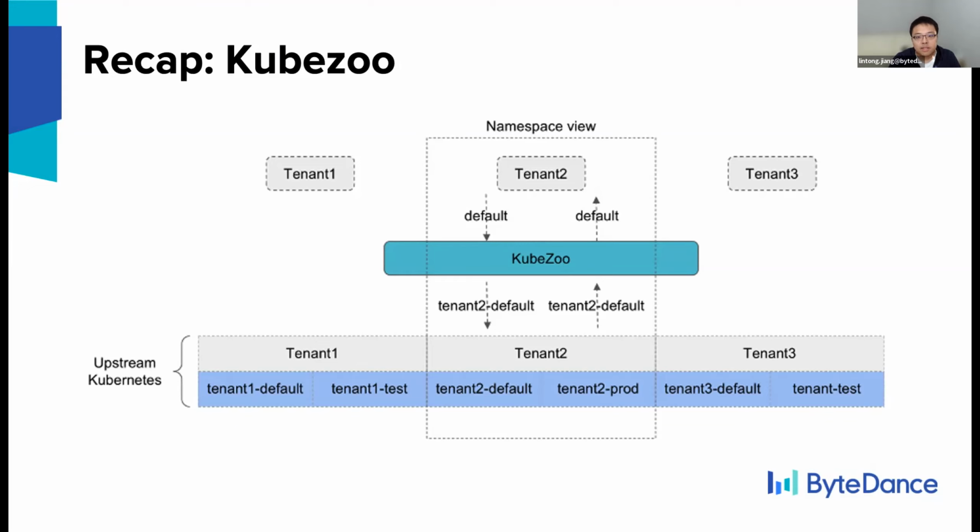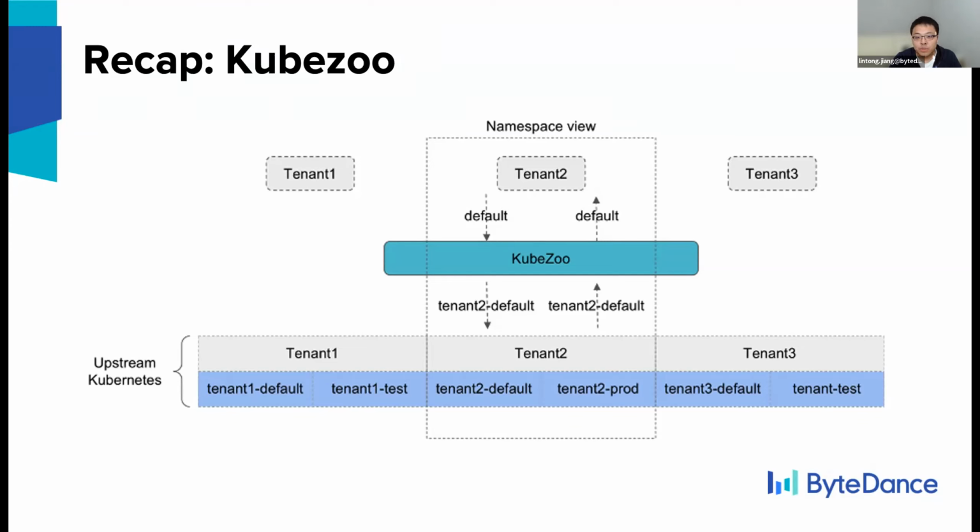Kubernetes API as a service, presented by Kubezoo, is designed to sit between namespace as a service and control plane as a service, which enables Kubezoo to be very lightweight and very fast, and also to provide view level isolation as described in this diagram.